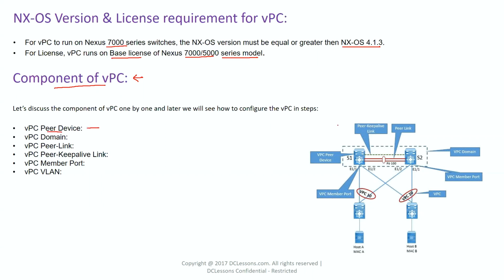A VPC peer device comprises two switches. They are a part of a single VPC domain. So these are your VPC peer devices. Now, what is a VPC domain?